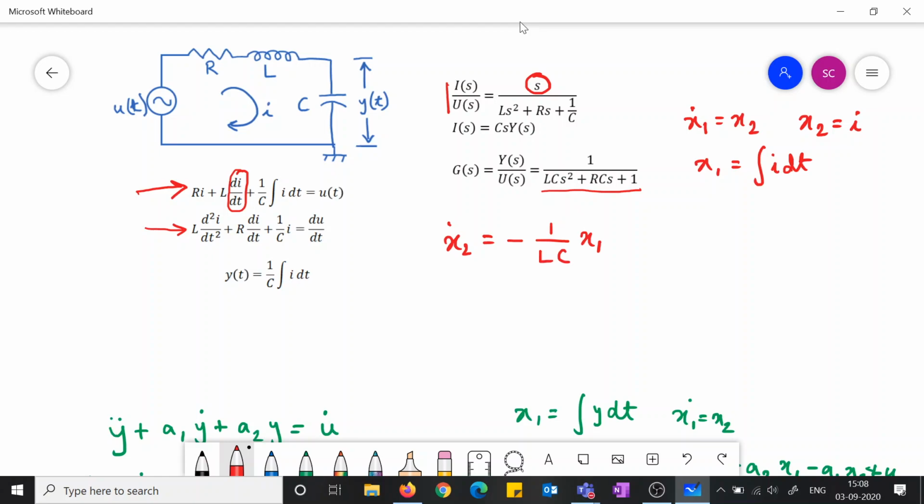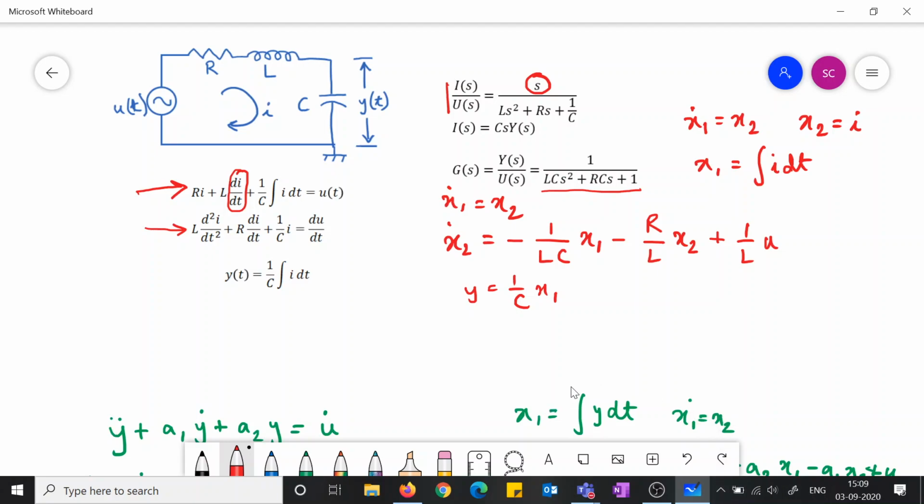So x1 is this integration I dt, and minus R by L times x2. x2 is I, and you are getting this 1 by L times u, and x1 dot is x2. So this is what the equation was in the lecture video also. So this is fine. So there is no mistake here. And since y is defined like this, y would be 1 by C times x1, like that.